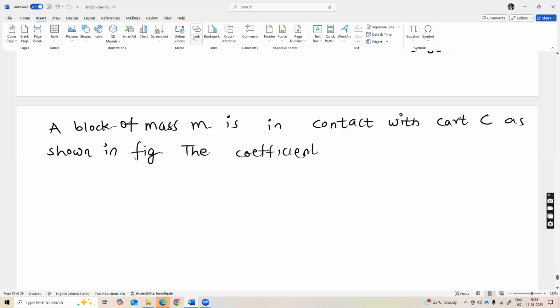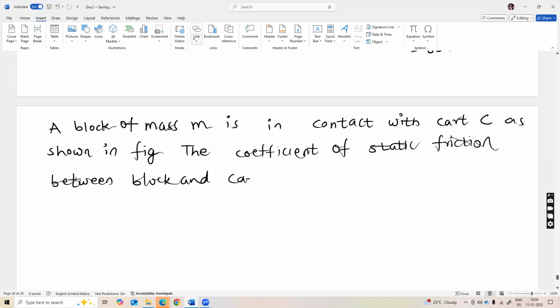The coefficient of static friction between block and cart is mu.